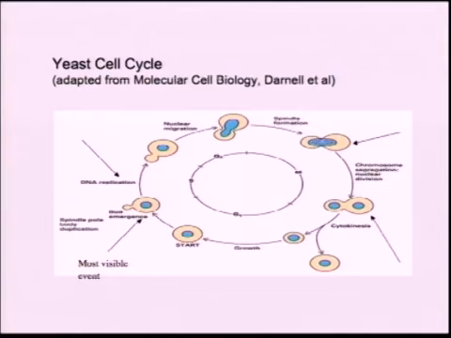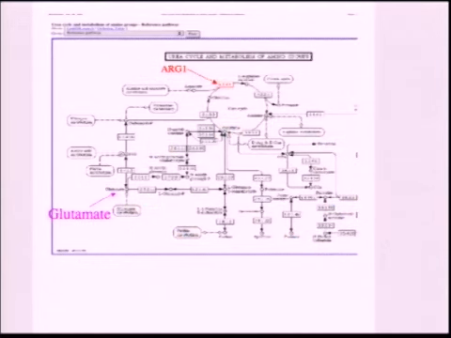The first example is the data from a cell cycle experiment. The biologists are able to collect data after synchronizing the cells, sampled at different time points. So there's a set of 73 conditions on about 6,000 genes. This is about the yeast.